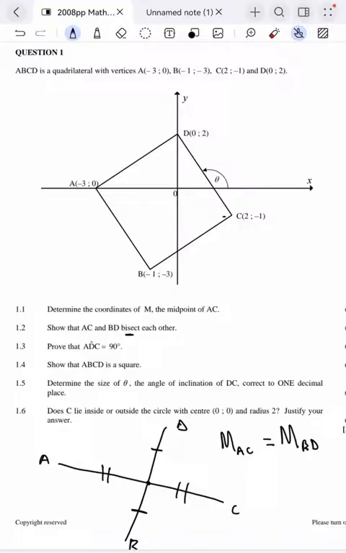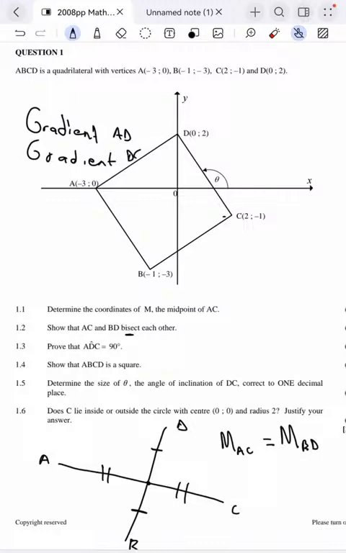The gradient of AC, which is also, not to confuse you, going to be represented as M. We are supposed to find the gradient of AD and the gradient of DC.